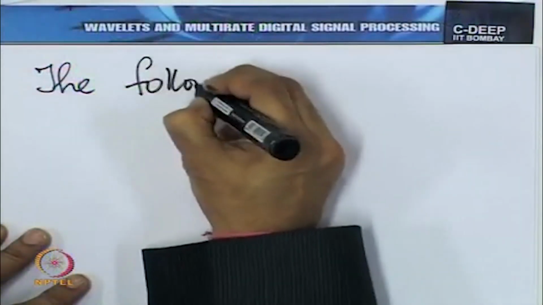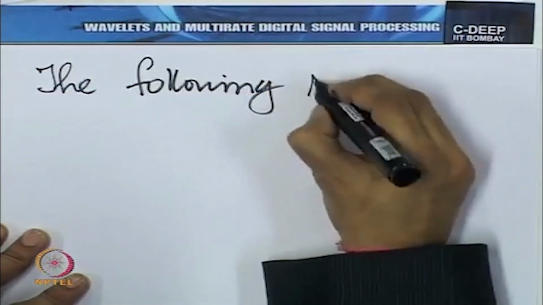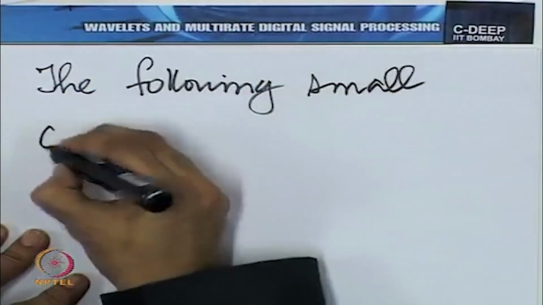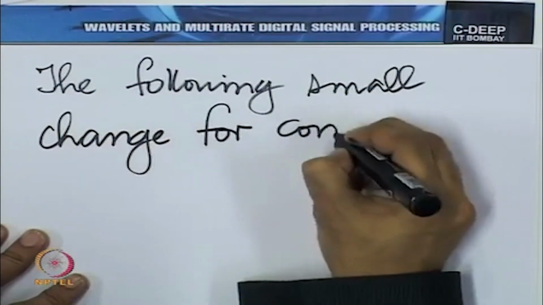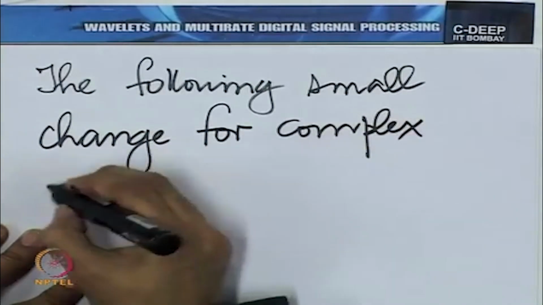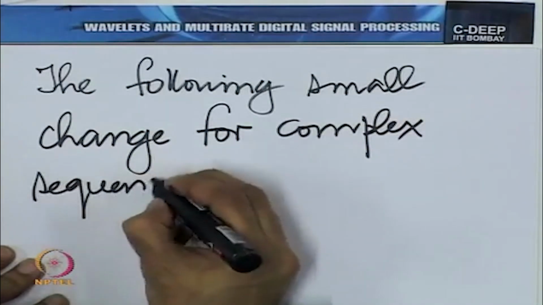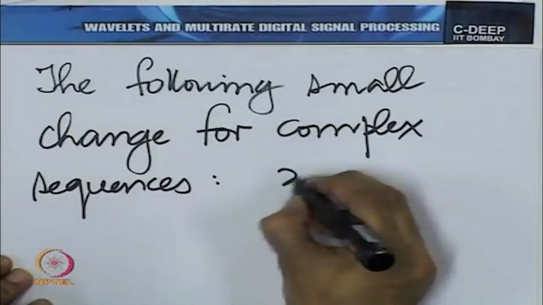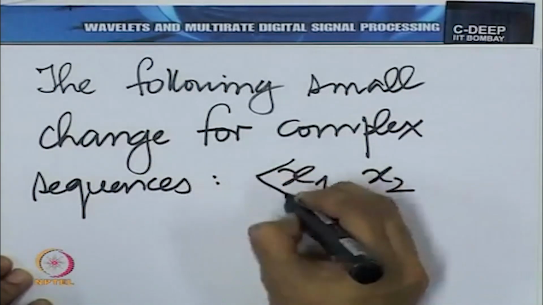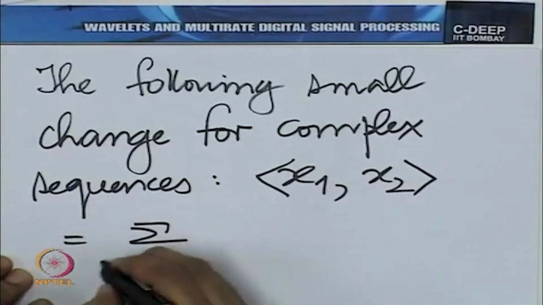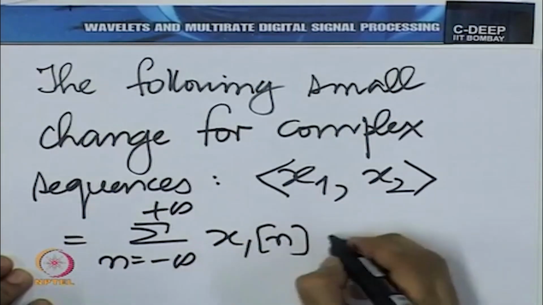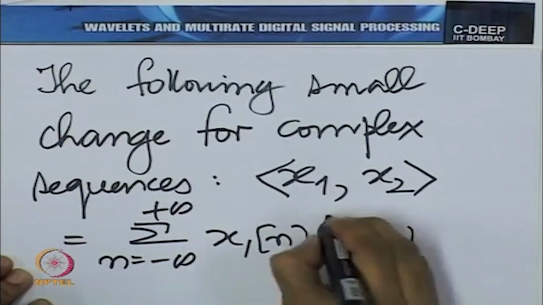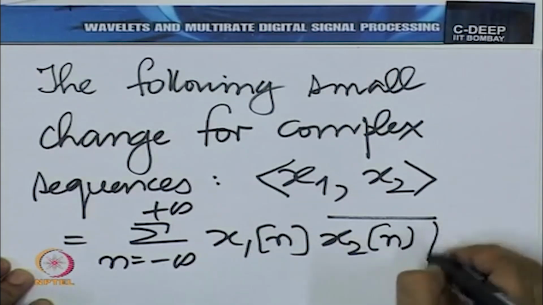So, the small change for complex sequences will do our job. Dot product of x 1 with x 2 is summation over all n x 1 n x 2 bar n, where bar denotes the complex conjugate.